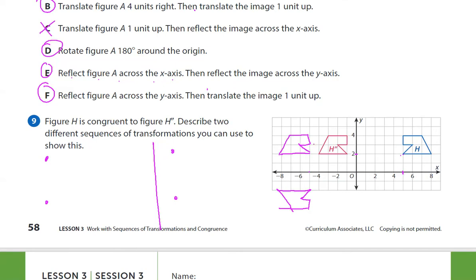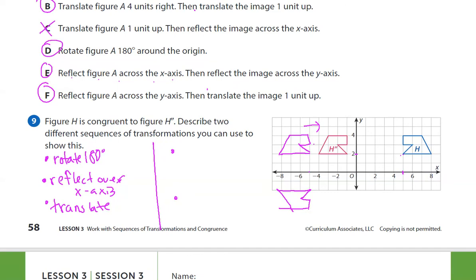Does it say 2 different sequences of transformation? It doesn't say we only can do it twice. So let's do 3. A sequence of 3 for the first one. So rotate 180 degrees, then reflect over the x-axis, then translate, and we went to the right.